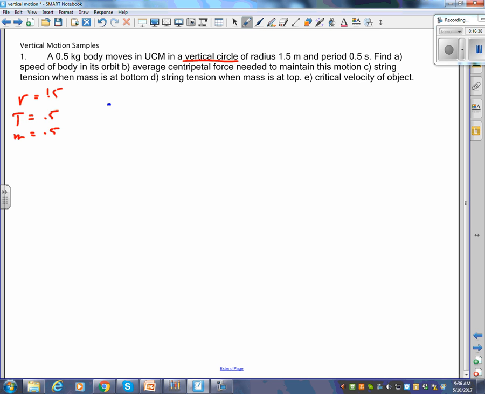And so we're going to start with our new friend here. V is equal to 2 pi r over T, which is really just a reworking of circumference, distance over time. 2 pi r, that's an r, not a v. 2 pi r over T. 2 pi, the radius here is 1.5, the period is 0.5, telling us that the average speed has to be 18.8 meters per second. 18.8.